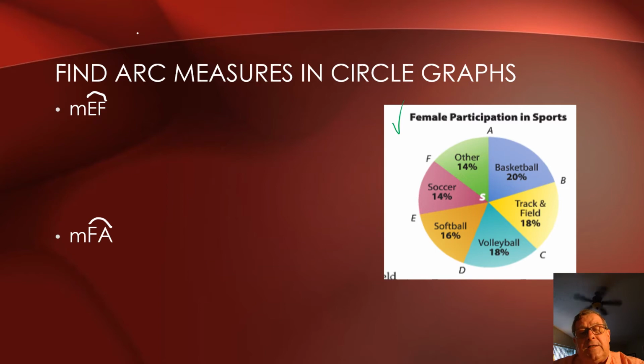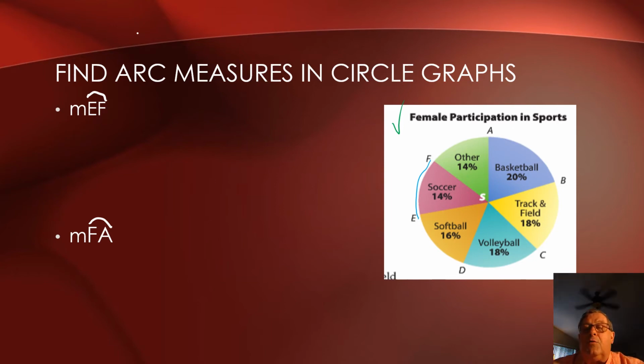And so we're first here asked to find the arc measure of arc EF. Well, EF is this soccer portion of this circle graph or pie chart giving us information about female participation in sports.